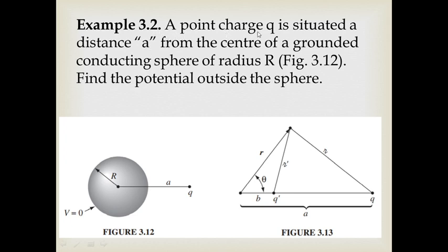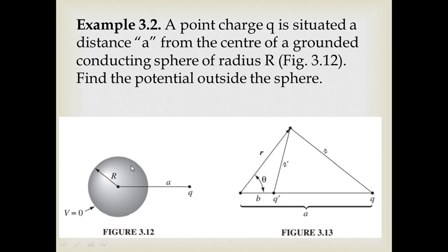A point charge q is situated at a distance a from the center of a grounded conducting sphere of radius capital R. So we think about a grounded conducting sphere whose potential is kept 0 because it is grounded. There is one region inside the sphere and another region outside.